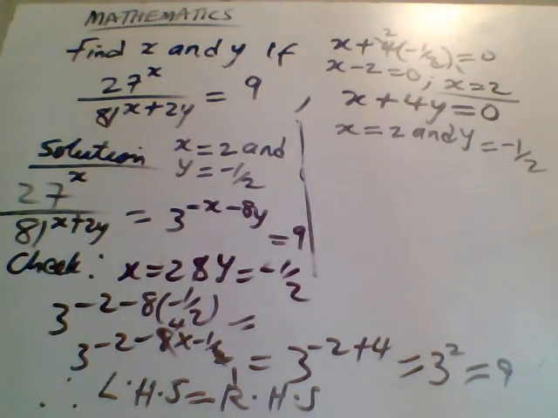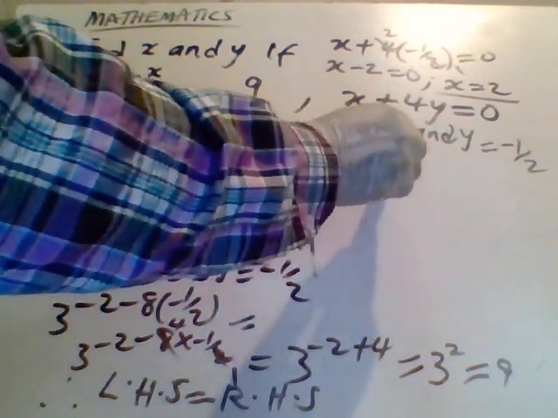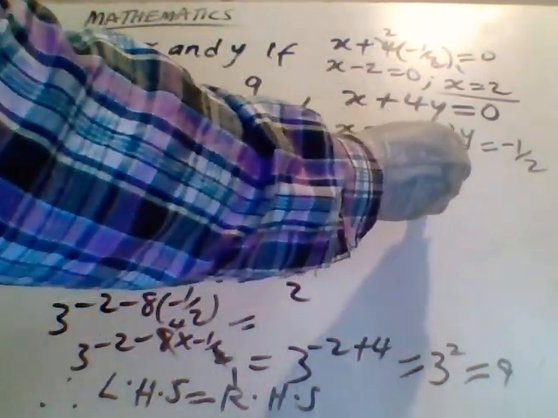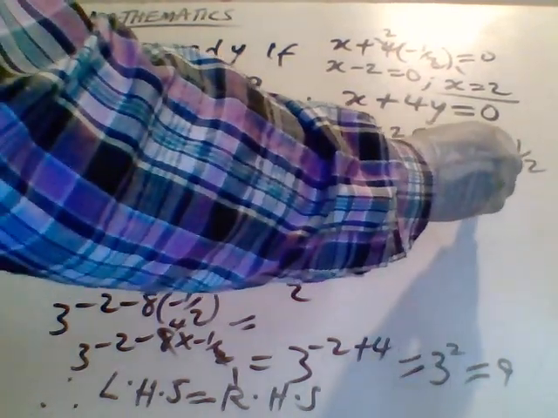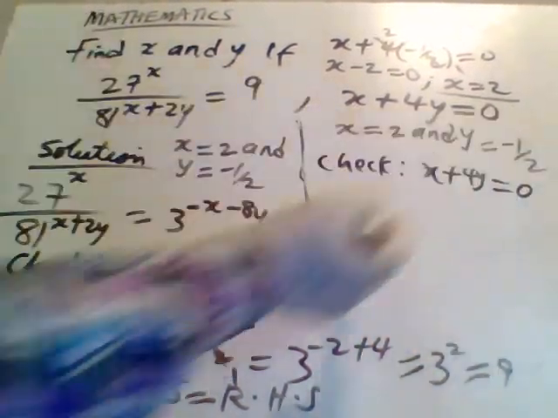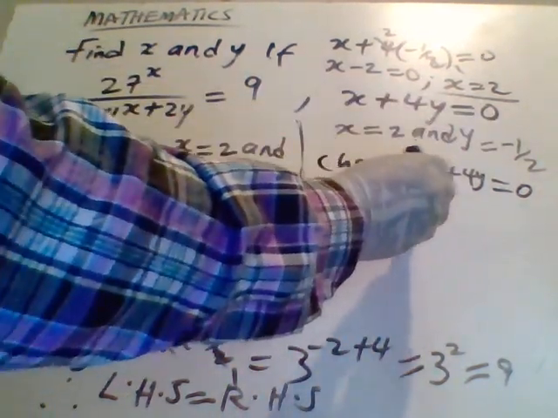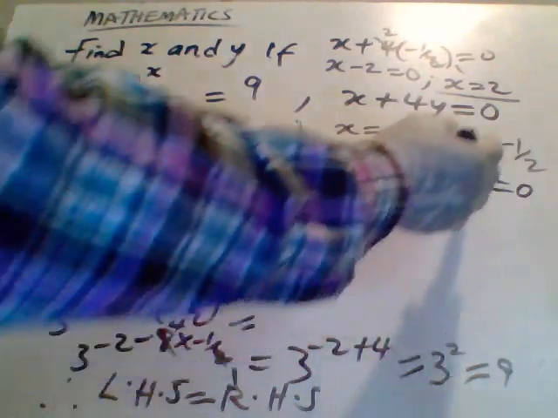So the next is to check for the second equation. Although one is okay for us to confirm that this is actually the solution of the exponential equation and the linear equation, you can check for this one. The equation given is x plus 4y is equal to 0. So we substitute the values we got. So we have 2 plus 4 times minus half. Is it equal to 0?